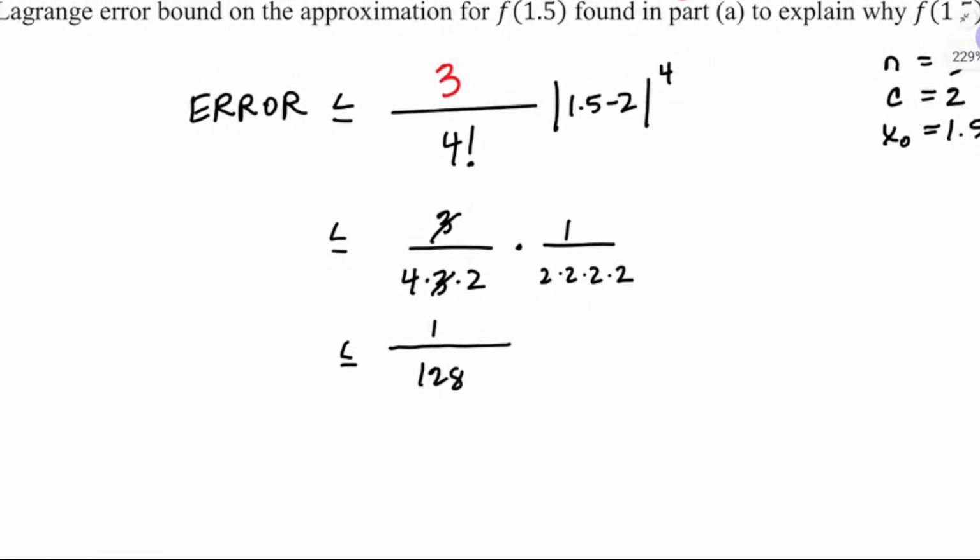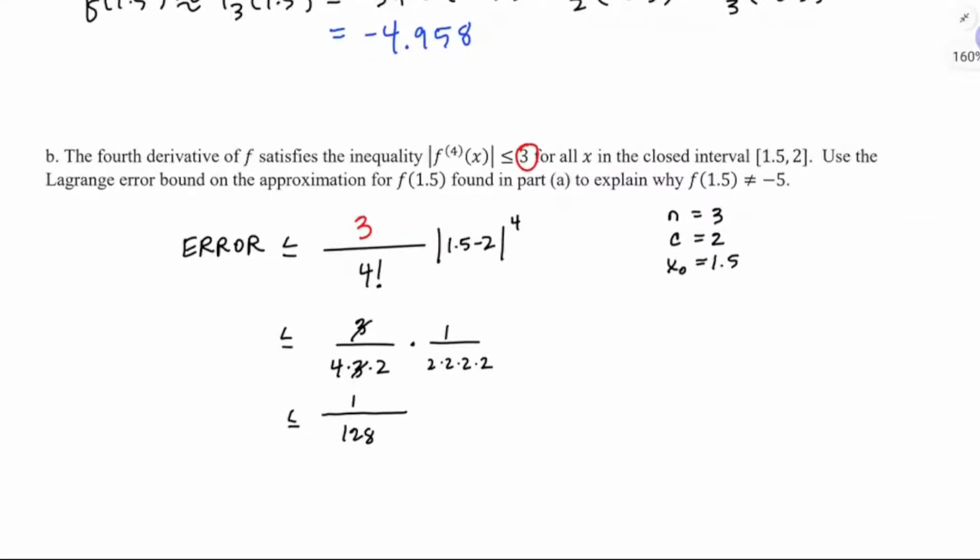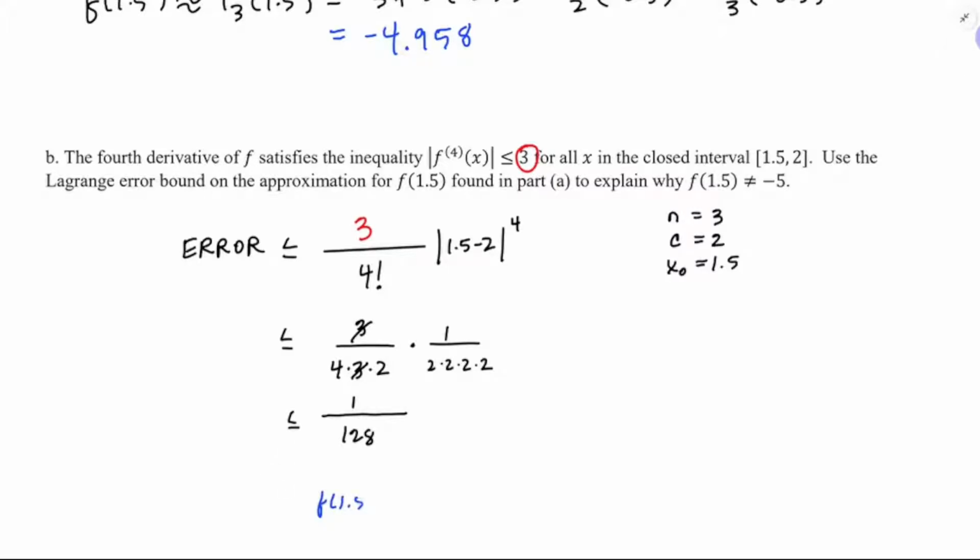So if the error is less than 1 over 128, the actual value of f of 1.5 will be between my approximation, negative 4.958, minus 1 over 128, and on the other hand, negative 4.958 plus 1 over 128.